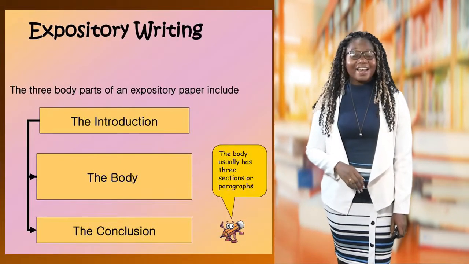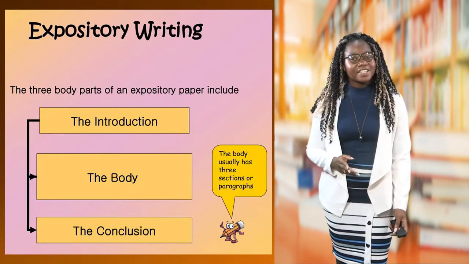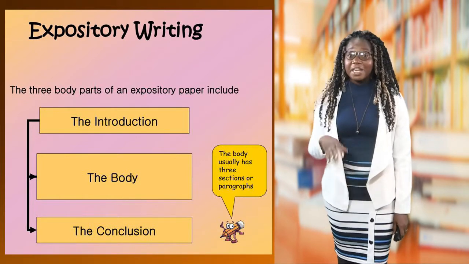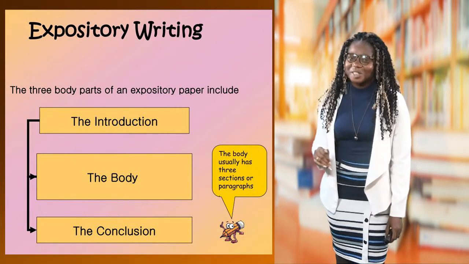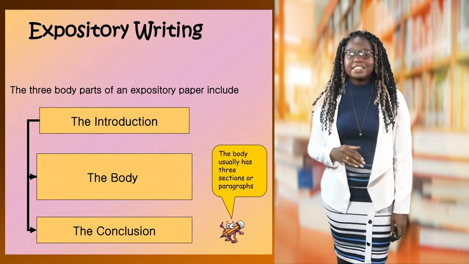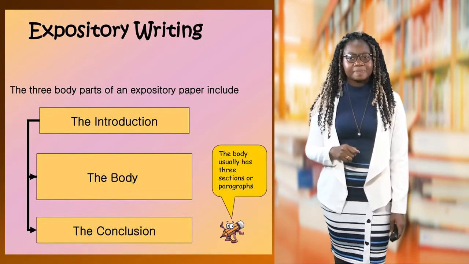Expository writing, like any other kind of essay, basically carries three parts: the introduction, body, and conclusion. The body usually has 3 sections or paragraphs.